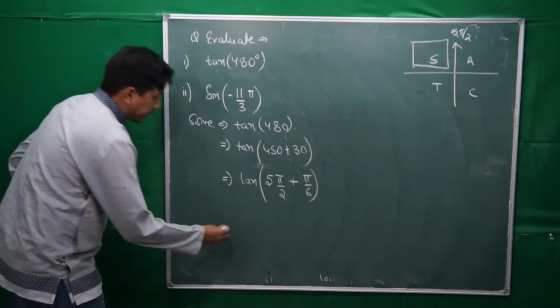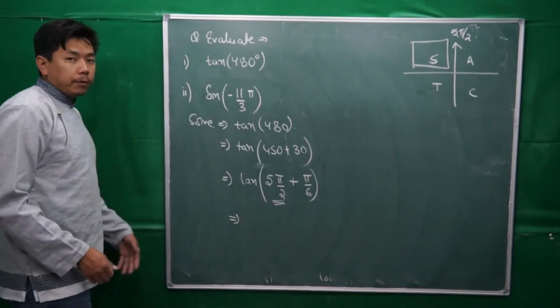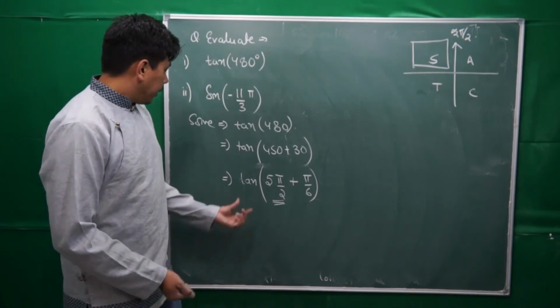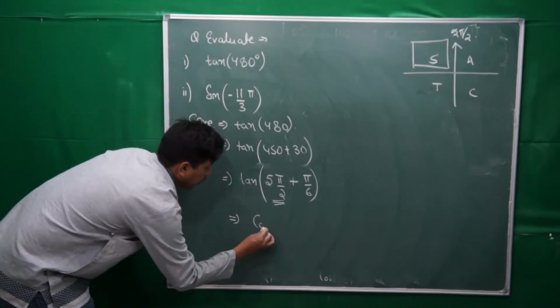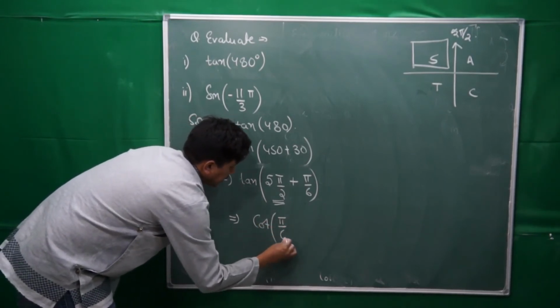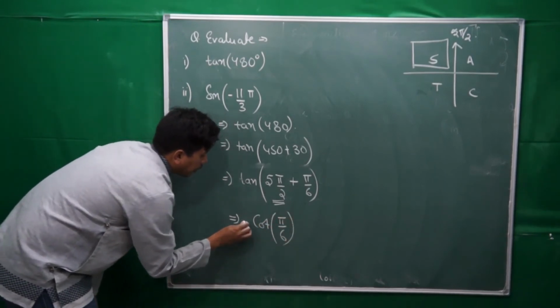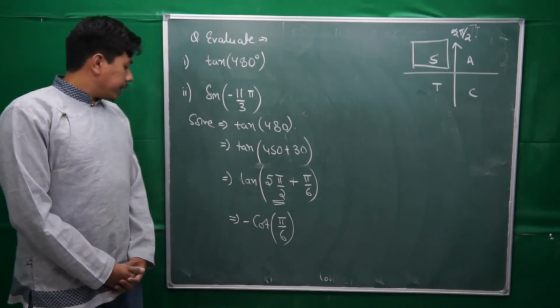So before writing negative, what is the multiple of pi by 2 over here? It is an odd multiple. Therefore, tan changes into cot of pi by 6. Not just being cot, negative as well. Why negative?